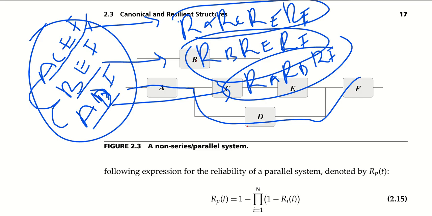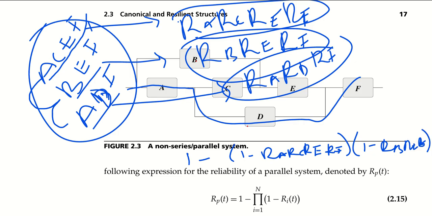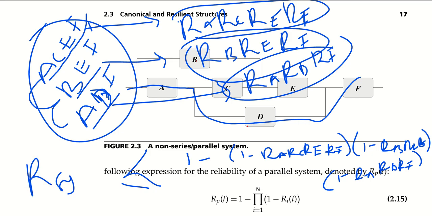So when these expressions are in parallel, it will be 1 minus, then this one: 1 minus R of A, R of C, R of E, R of F, multiplied by 1 minus R of B, R of E, R of F, times the last one, 1 minus R of A, R of D, R of F. So then you say that the minimum reliability of the system will be less than or equal to this bound.